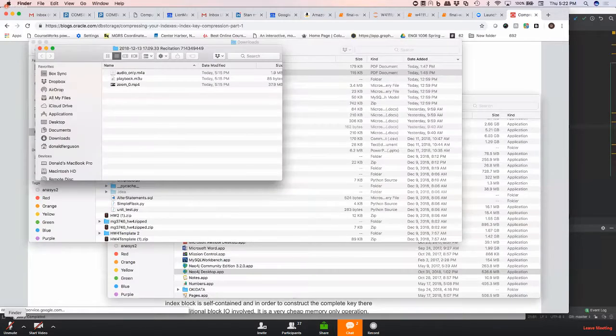So that's the first thing: the key has to be compound. So it has to have at least two segments. In my example, it's last name and first name. So requirement number 1 is that it's got to be compound. Requirement number 2 is that there have to be a large number of repeating values for the first part of the key.